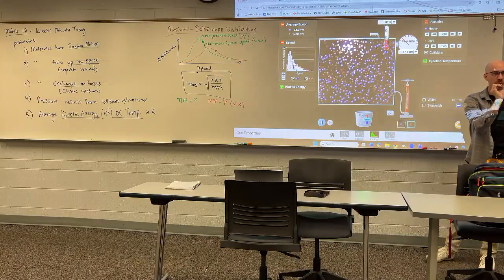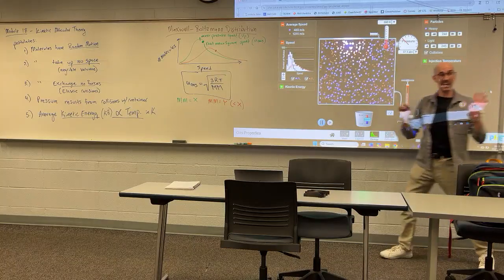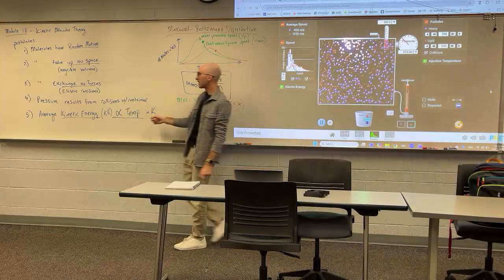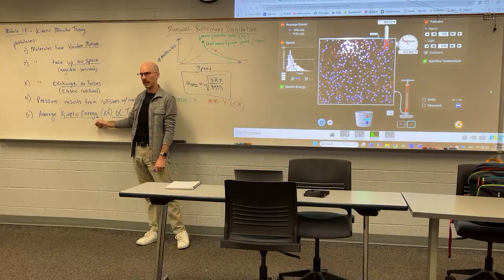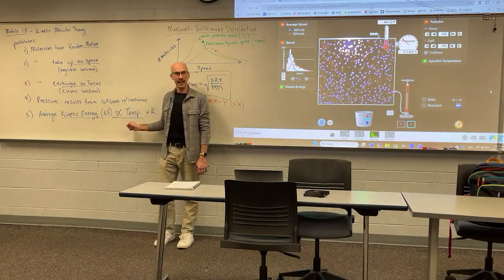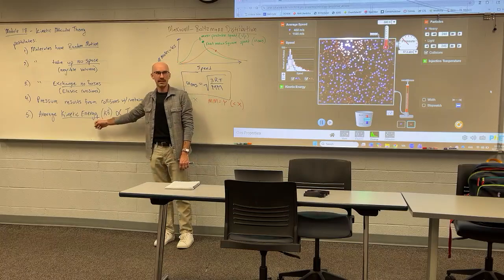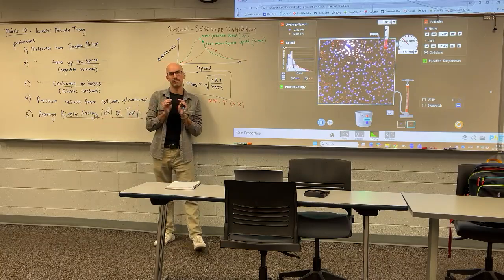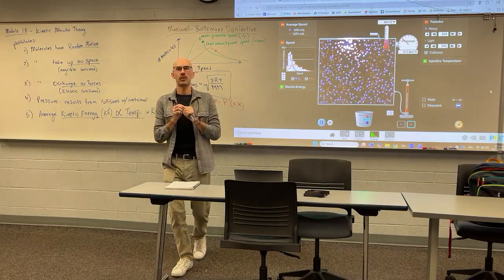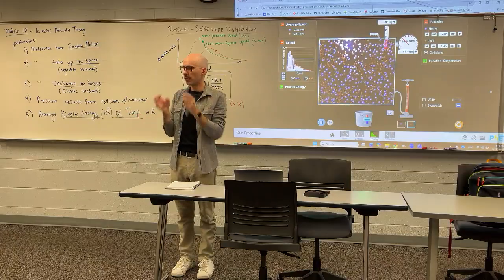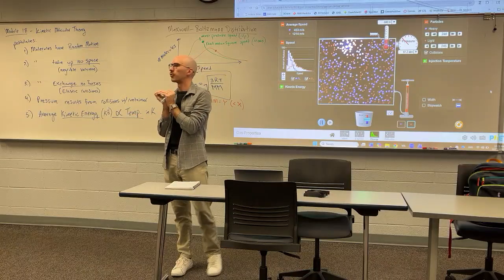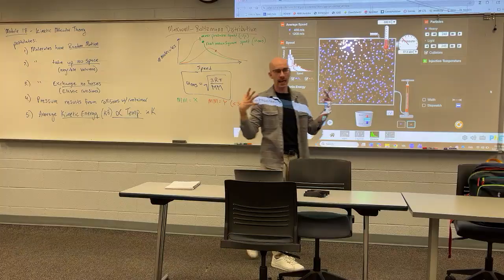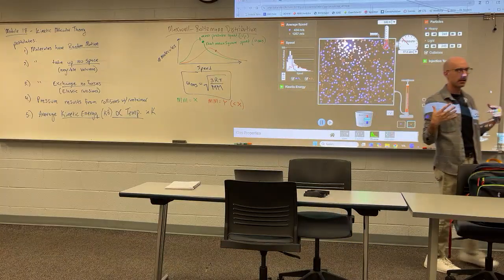At a smaller molecular mass and the same temperature, remember, temperature is equal to kinetic energy. At the same temperature, they have the same kinetic energy. What is harder to move around? A small molecule or a small atom, or a big heavy molecule or heavy atom?